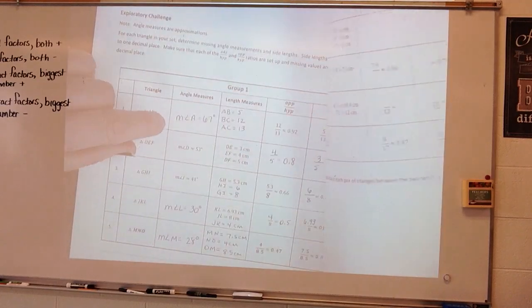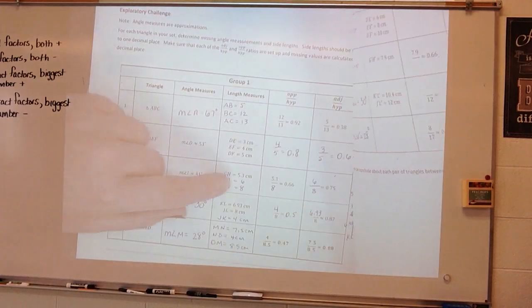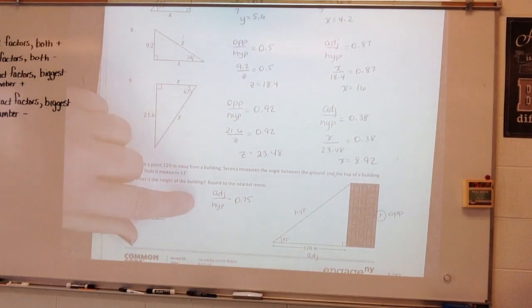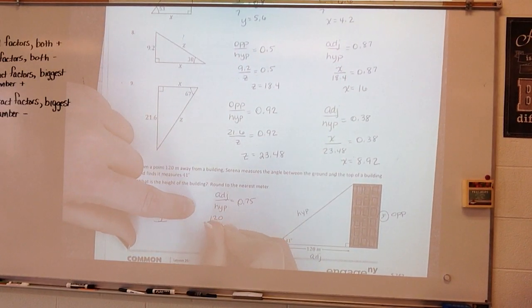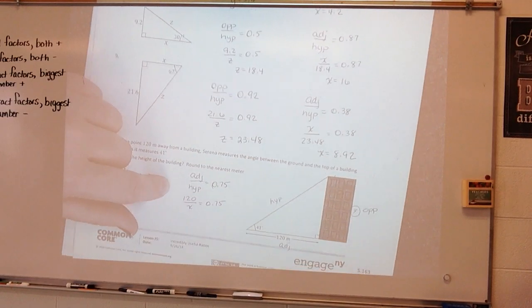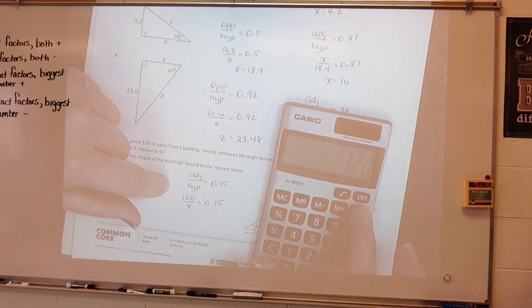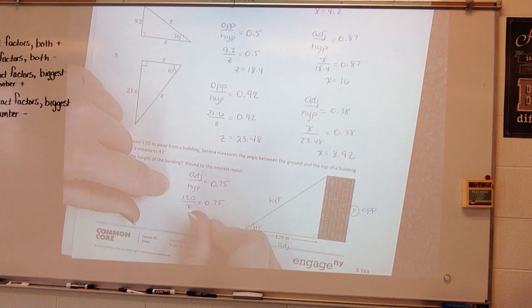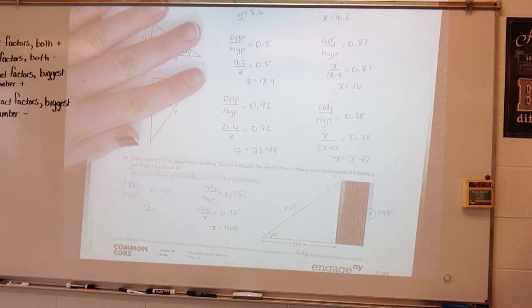The adjacent over the hypotenuse of a 41-degree angle is 75 hundredths. So the adjacent is 120 over x is equal to 75 hundredths. I'm going to divide 120 by 75 hundredths, and that gives me that my hypotenuse is 160.